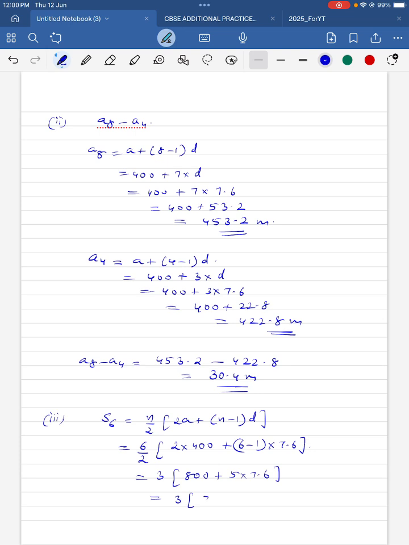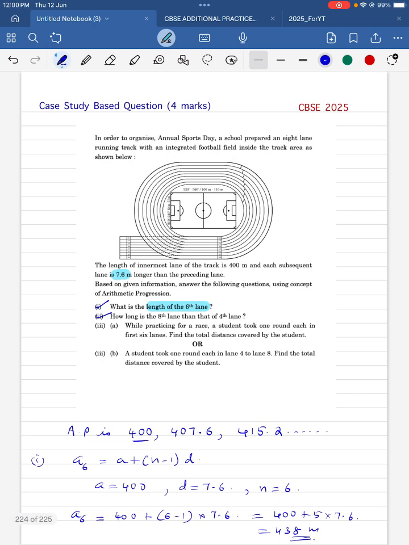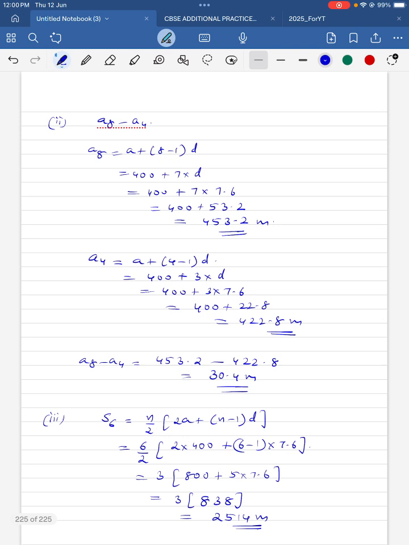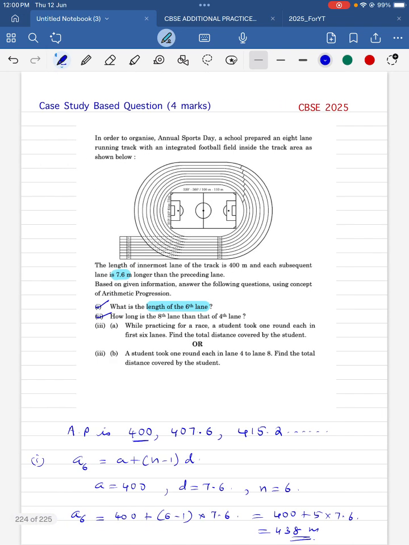So 838 times 3, which is equal to 2514 meters. So the total distance covered by the student will be 2,514 meters.